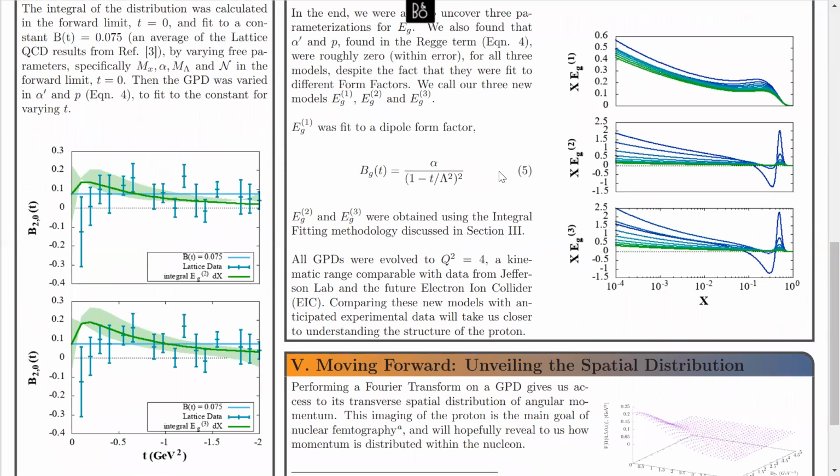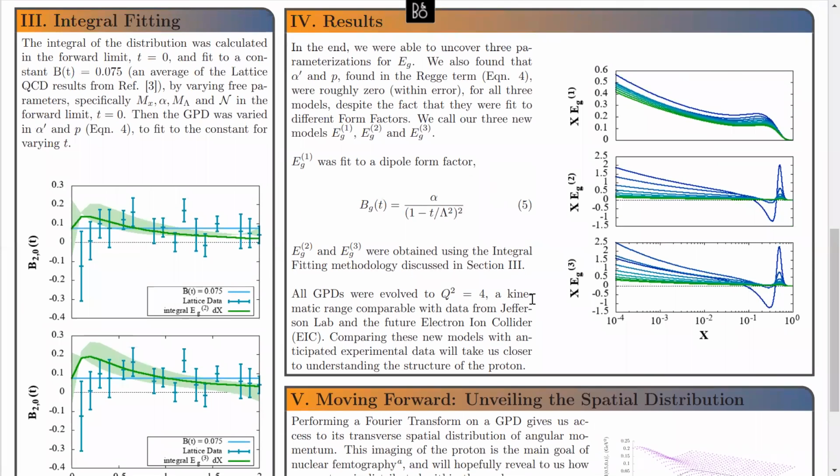We did that because it's a kinematical range comparable with current data from Jefferson Lab, and hopefully future data from the Electron Ion Collider, or the EIC, at Brookhaven National Lab. By comparing these new parameterizations with experimental data in the future, we hope it'll take us closer to understanding how the proton is structured.